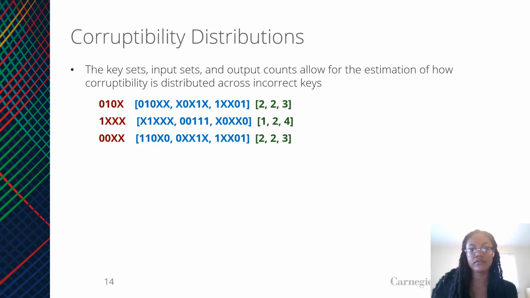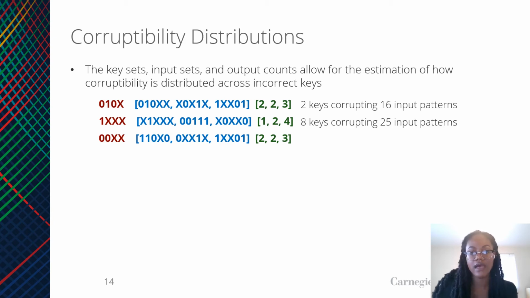Once the overlap is removed from both the key sets and input sets, the values are used to calculate a corruptibility distribution, which estimates how corruptibility is distributed among the incorrect keys. So here we have 3 sets and 3 input lists and output lists. The first set shows that 2 keys are corrupting 16 total input patterns.